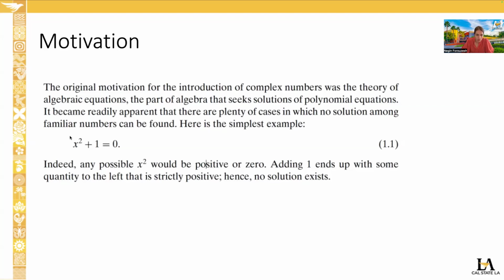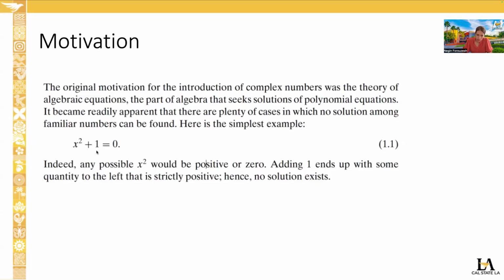And just working with a very simple polynomial equation like this, x squared plus 1 equals 0, very quickly you will learn that many polynomial functions like this do not have an answer in the real number set, right?